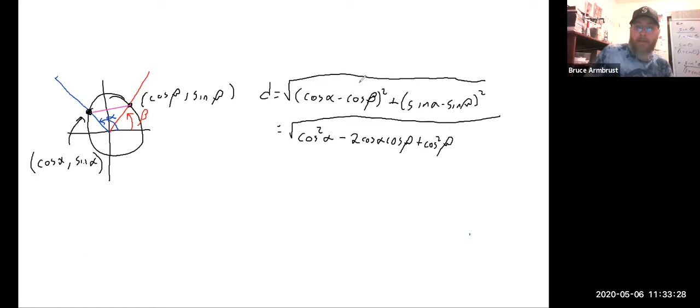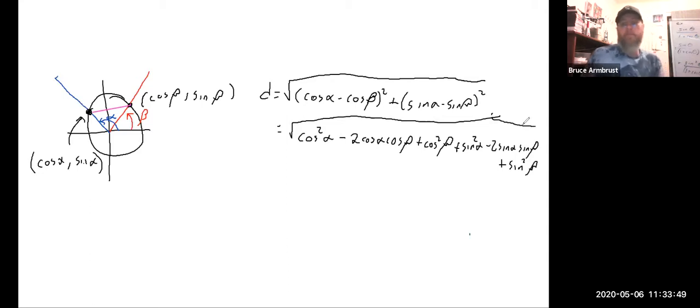And then from the sines, we get something similar: sine squared alpha, minus 2 sine alpha sine beta, plus sine squared beta. So that's all under that square root. I know that's ugly looking, but it is going to simplify down for us.